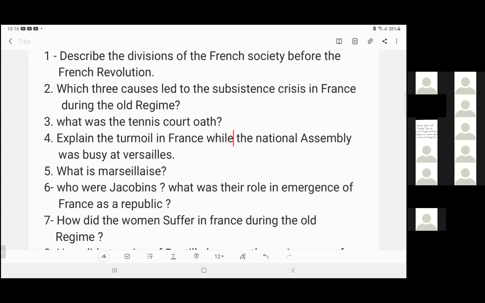The increase of the demand was increasing, but the production was less. This led to subsistence pricing. Third, lesser wages. The prices of the breads were increasing, but the businessmen were not giving their laborers good wages, which led to poverty and led to subsistence crisis.